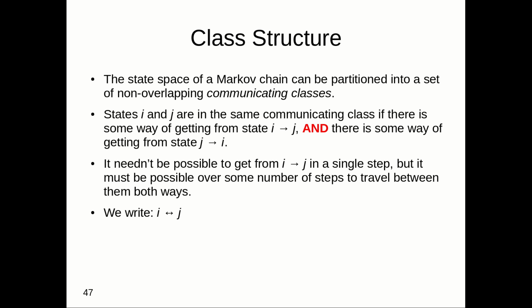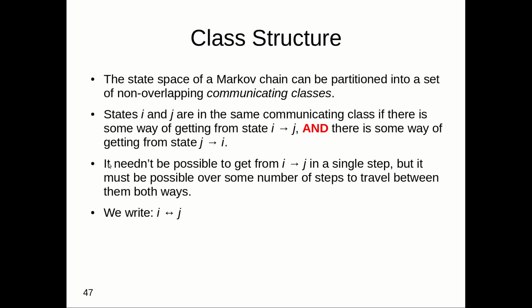The state space of a Markov chain can be partitioned into a set of so-called non-overlapping communicating classes. States i and j are in the same communicating class if there's some way of getting from state i to state j, and there's some way of getting back from state j to state i. So basically I can freely move around between states, and I don't get stuck in a state because I cannot leave it anymore.